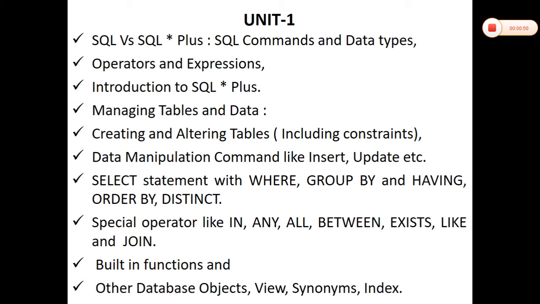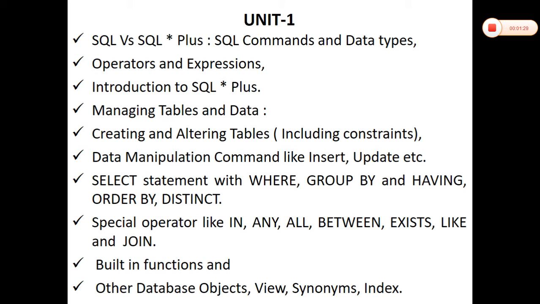The first unit has the following content: SQL versus SQL*Plus, SQL commands and data types, operators and expressions, introduction to SQL*Plus, managing tables and data, creating and altering tables, including the constraints, data manipulation commands like insert, update, etc. Select statement with where, group by, having, order by, and distinct.